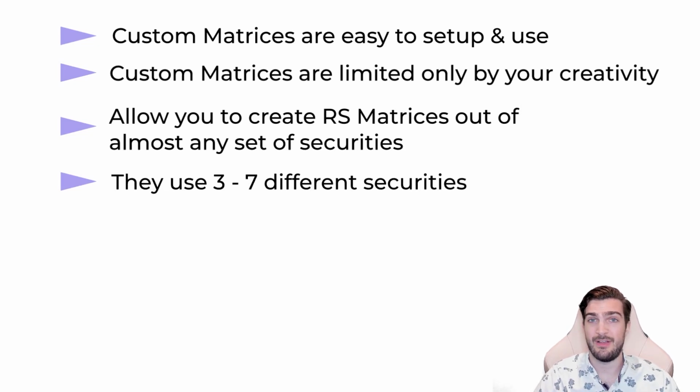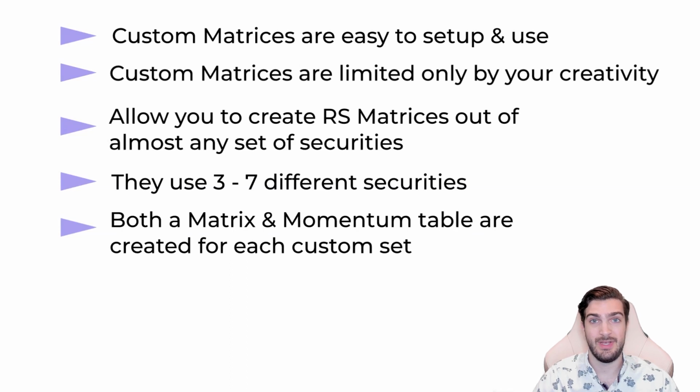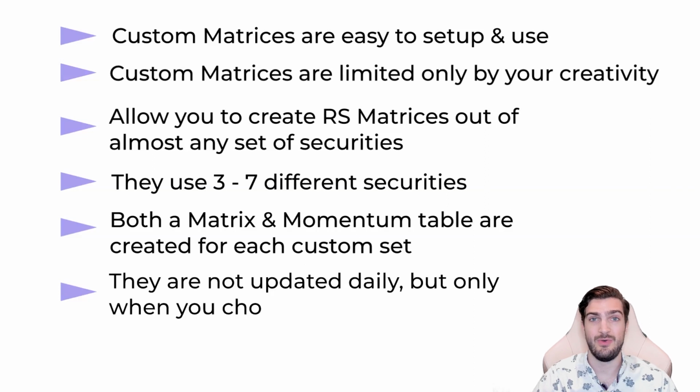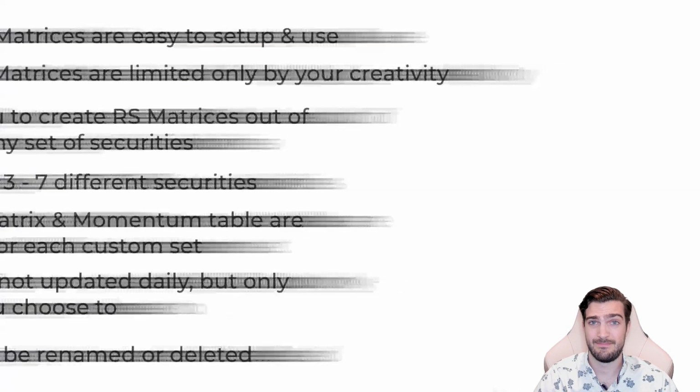Once we've created a custom matrix, we can click on that entry to view the matrix and the momentum tables for that specific set of securities. Additionally, while custom matrices do not automatically update, updating a custom matrix is simple by clicking on the rerun button up in the top right of the page and waiting for that new update to run. Finally, custom matrices can be renamed or deleted to help you manage your custom matrices simpler.